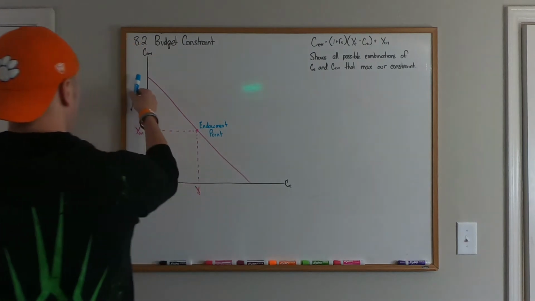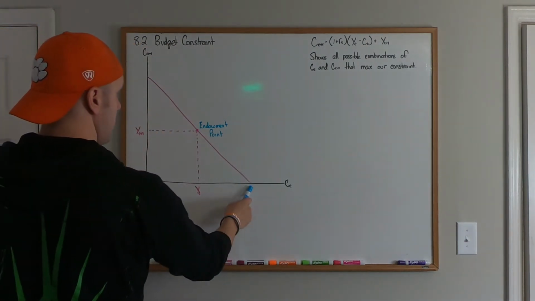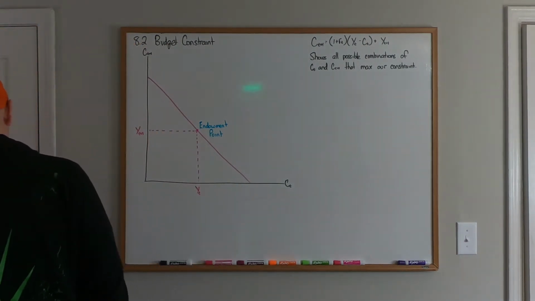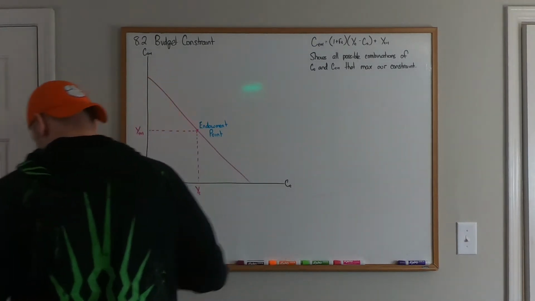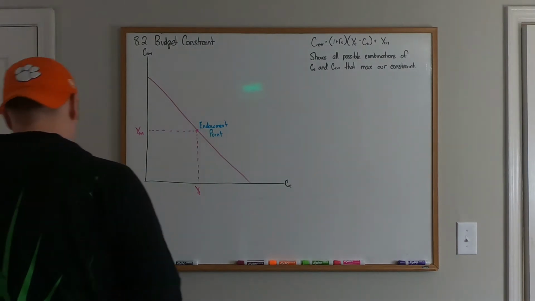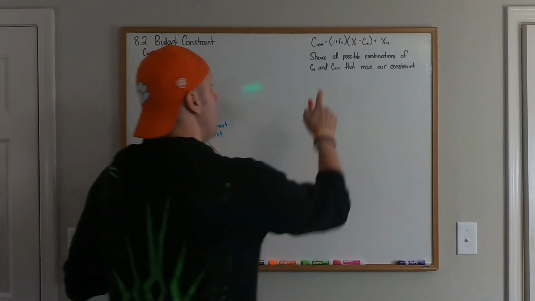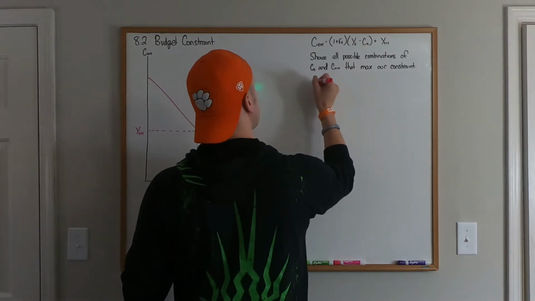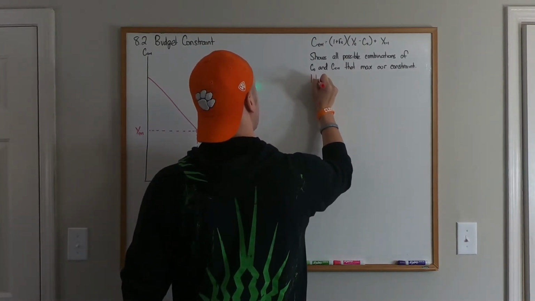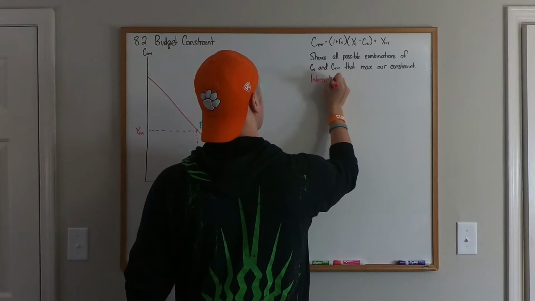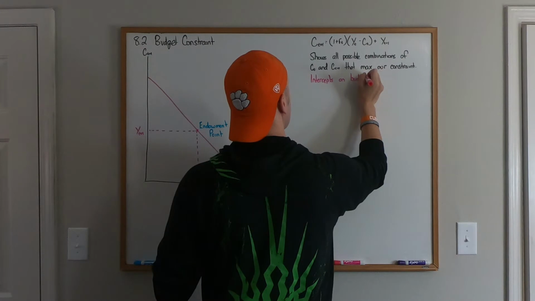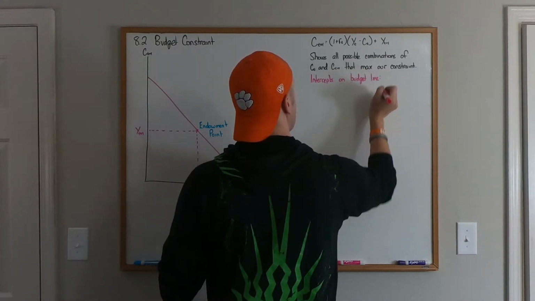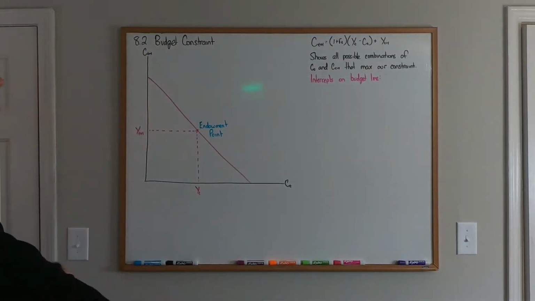So the intercepts, the CT plus 1 intercept and the CT intercept, what are those? And also, what would they mean? How would we want to interpret these things? Well, let's look at this constraint and see if we can't get a little bit of understanding from it.